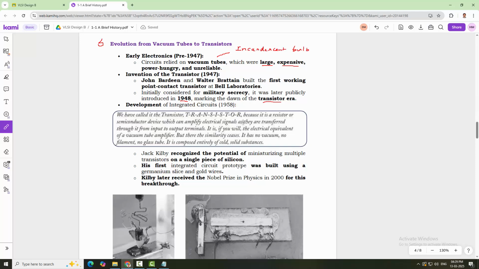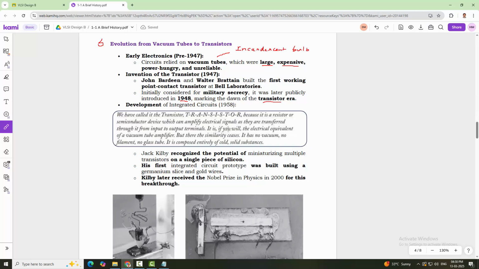And here you can see the statement given by Bell Laboratories. I will read out this sentence for you. We have called it the transistor, TRANSISTOR, because it is a resistor or semiconductor device which can amplify electrical signals as they are transferred through it from input to output terminals.